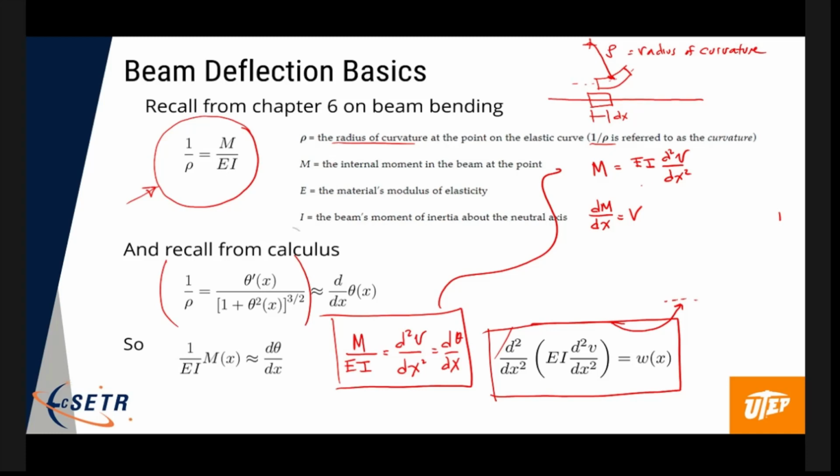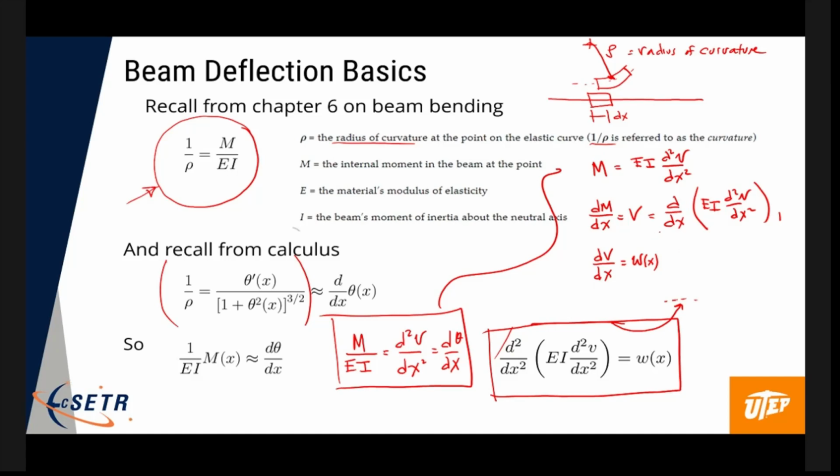So I could just take the derivative of both sides up here, d/dx of the EI d squared v dx squared. And we also knew that the derivative of V with respect to x was equal to the value of the distributed load, maybe it's 0, at that point.